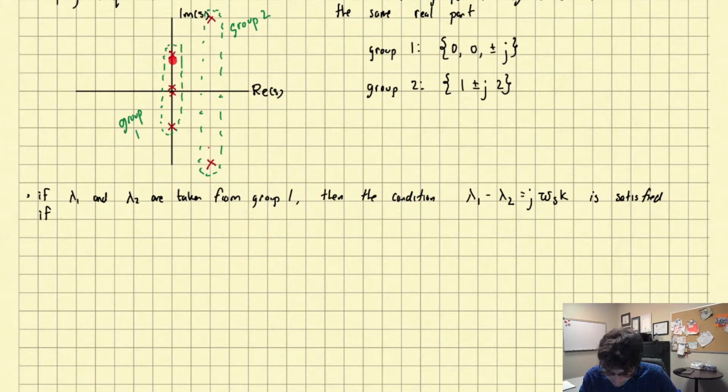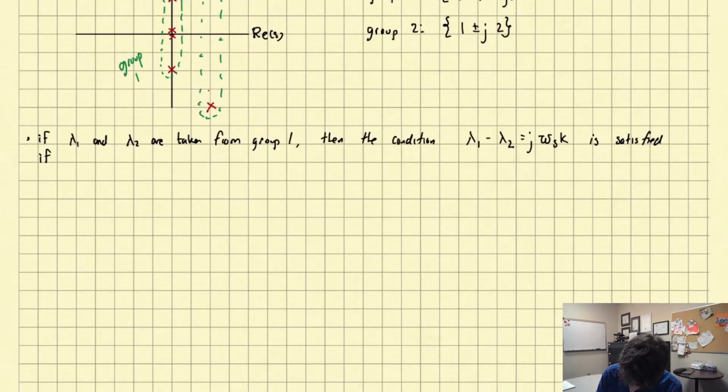Right? There's also this distance between those 2 poles, 2. So if k times omega s equals 2, we'll again satisfy that condition for valid choices of lambda 1 and lambda 2. So let's just write it out.